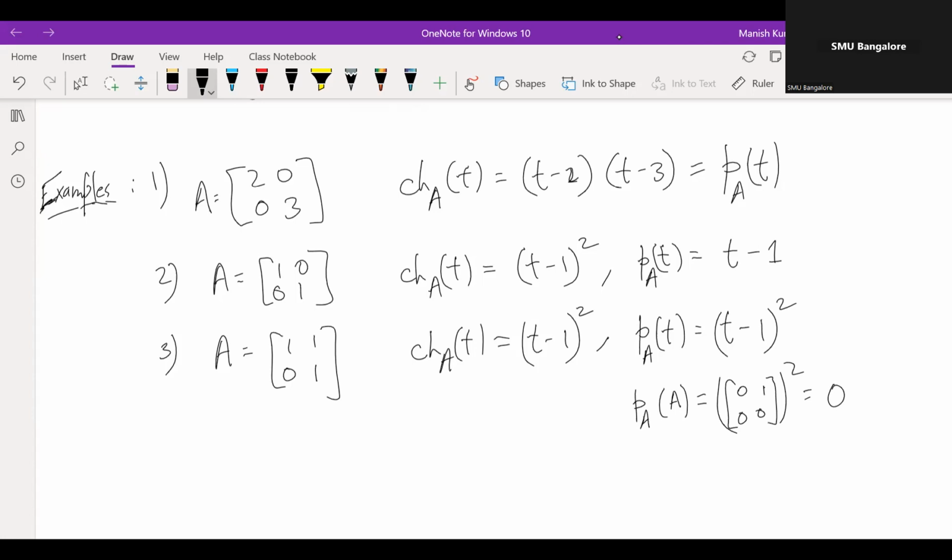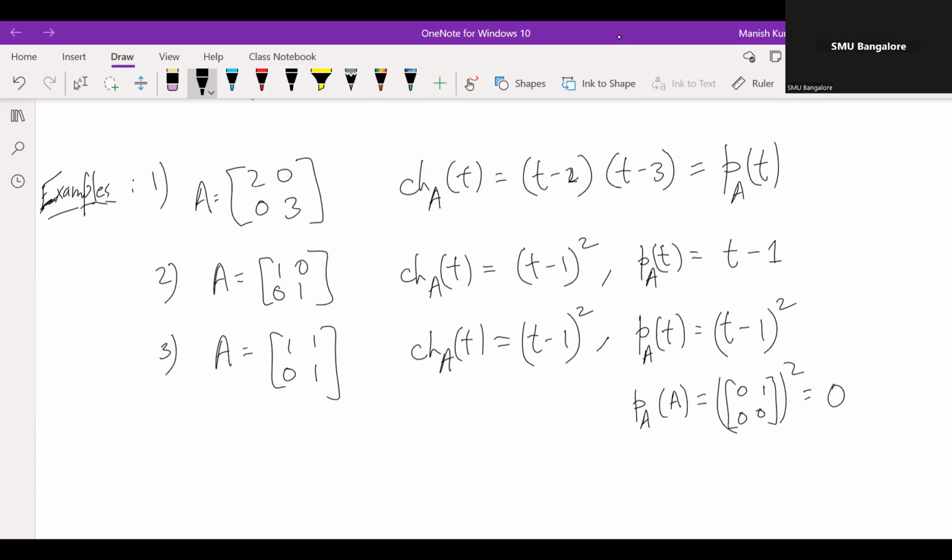Okay, so if the roots of the characteristic polynomial are distinct, then the minimal polynomial and the characteristic polynomial must be same. And if the roots are not distinct, then everything is possible. The minimal polynomial may have a smaller degree, but it can also have the same degree as the characteristic polynomial, depending upon how the Jordan blocks look like.